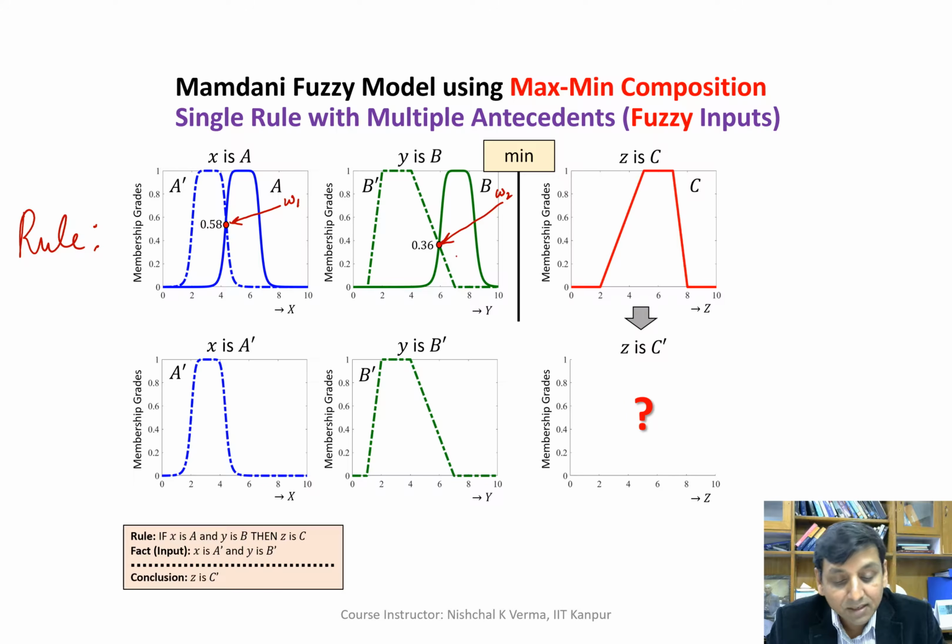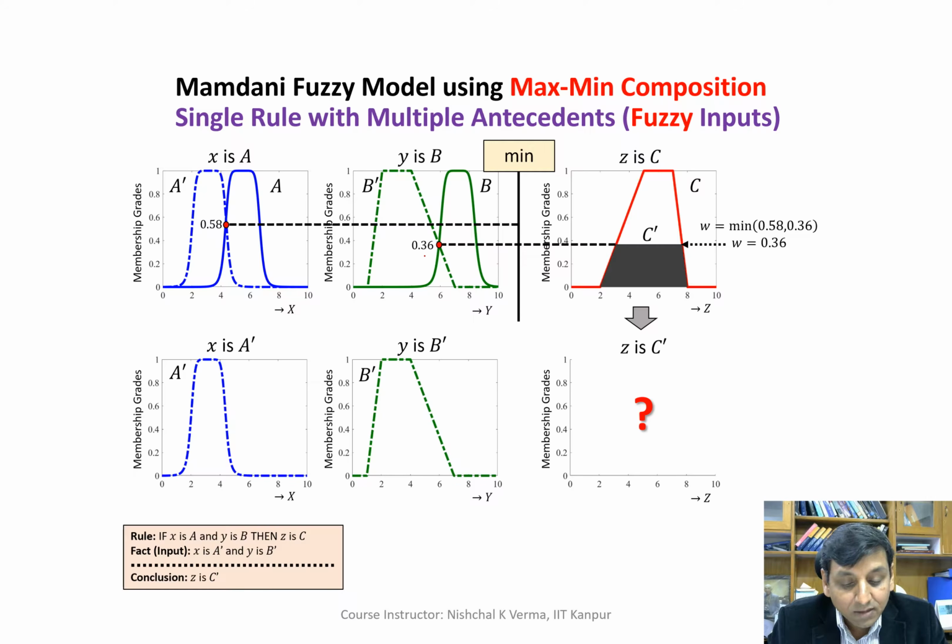So we take 0.36 and proceed with truncation using this value. So 0.36 we use for truncation, and this is what we are getting as the min of the two, W1 and W2. So this is the output of the first rule. We have only one rule, so this is the output of this rule.